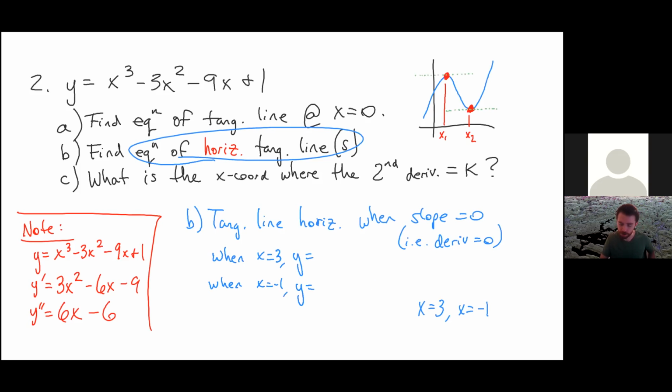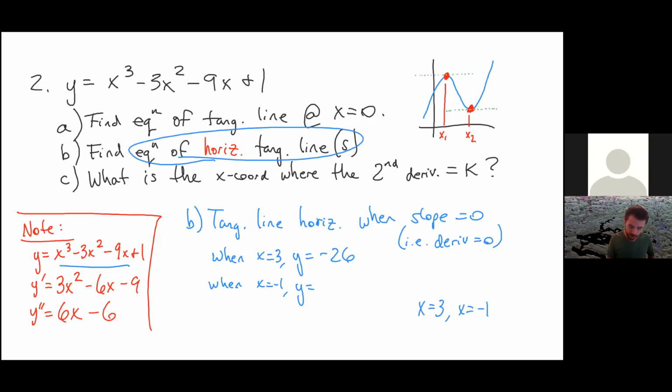Right, I want to know what these red points actually are on the graph. I can figure that out by plugging into the original equation. So that would be 3 cubed minus 3 times 3 squared minus 9 times 3 plus 1. Whatever that works out to be, I think it's negative 26.